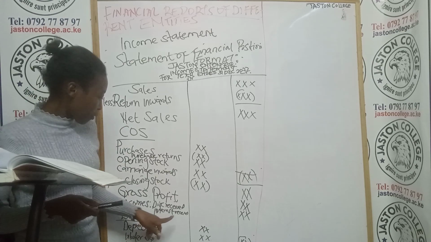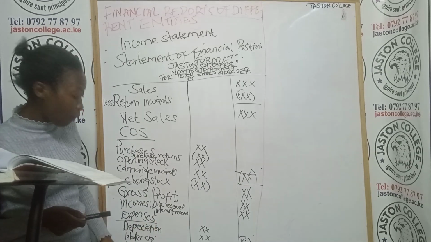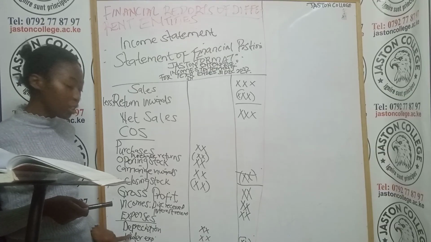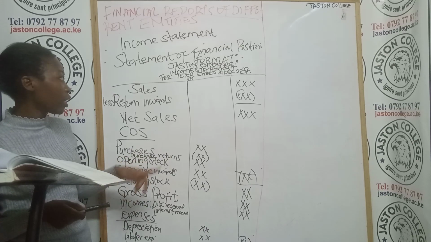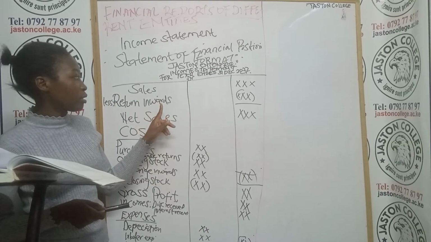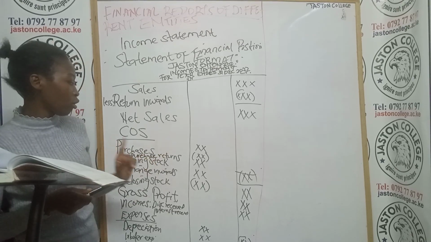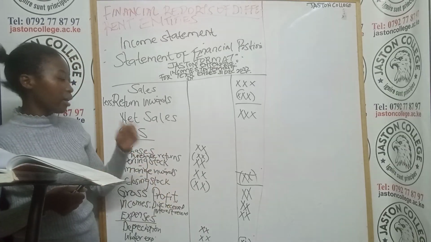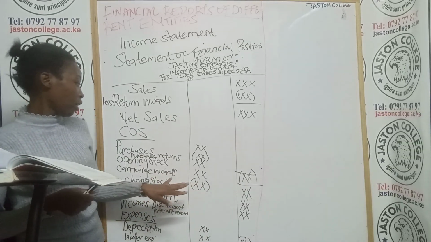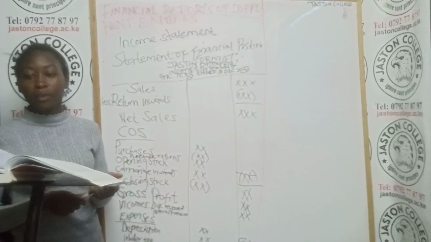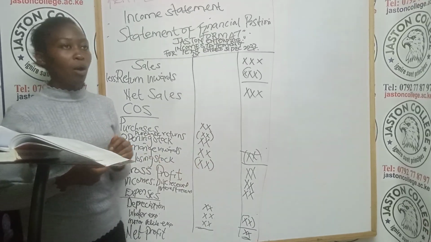The carriage outward will become our expense, so we will include it in our expenses. Carriage inwards, we are carrying goods into the business, so it will be included in the cost of sales.